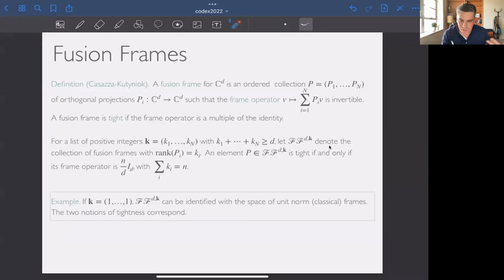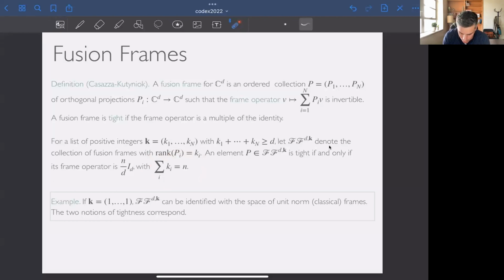And then same as in the classical frame setting, if I have an element of this frame space, and it's tight, then I know exactly what the constant in front of the frame operator must be. It should be the sum of the ranks divided by D. So this generalizes the notion of classical frames.